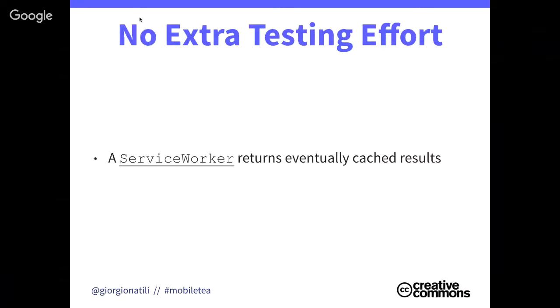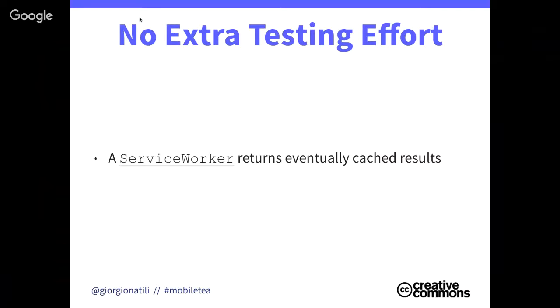Important thing for the guys that do test-driven development: a service worker doesn't need any extra testing. The point of a service worker is handling the cache and returning data if there is activity. Whatever method your component is implementing to use this data will work in the same way if there is offline or online status.